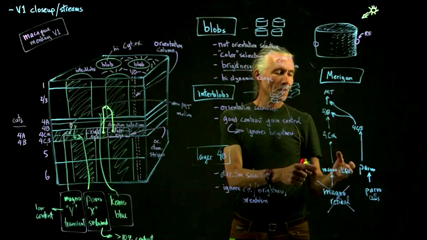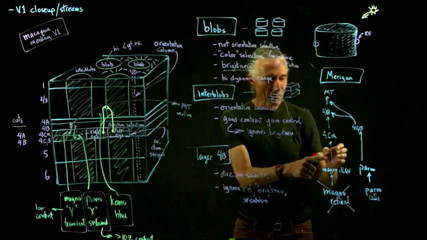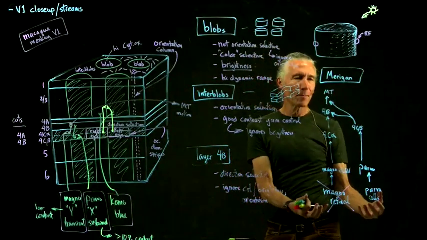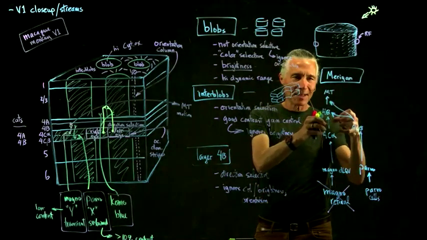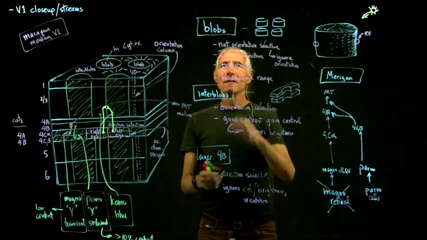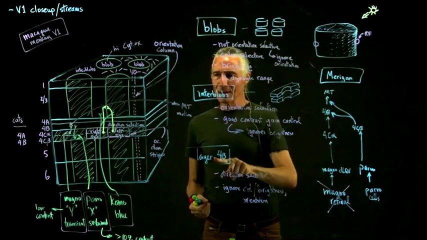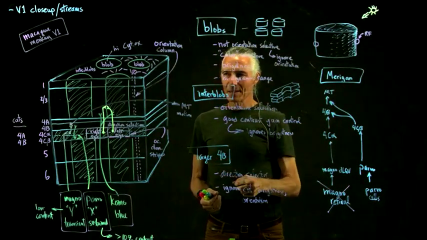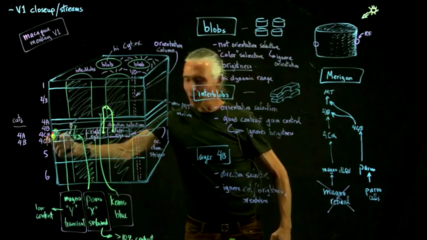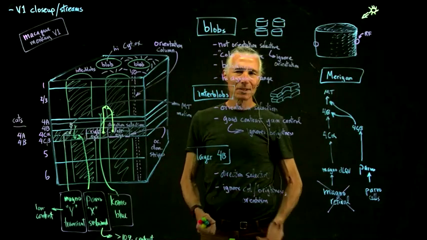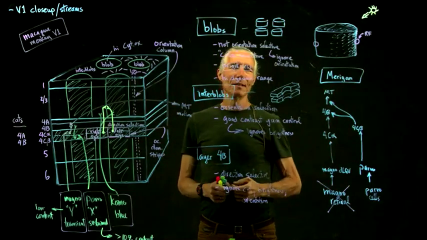But this shows that this is not the motion pathway. What's going on is you've got some streams coming in, and then they get all mixed together, and then you make new streams. The new streams are the blobs, the interblobs, and this layer 4B direction selective stream. But that direction selective stream is made out of 4C alpha and 4C beta. It just doesn't go straight through.